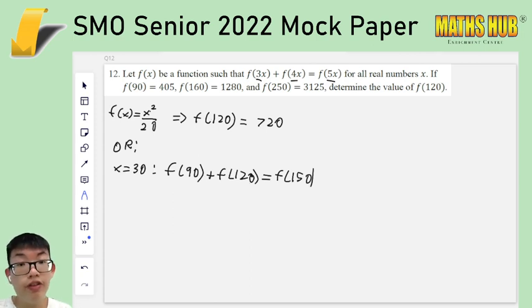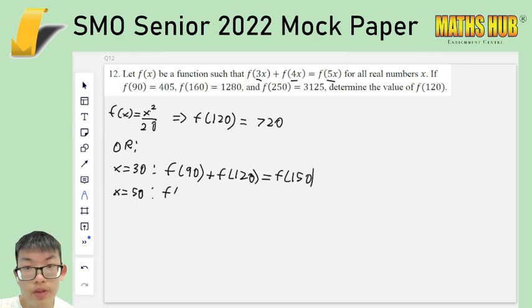But f of 150 may not be too bad, because we see that it also is in the 3:5 ratio with the 250, and if we put in x equals 50, we would get some information. So 150, 200, 250.